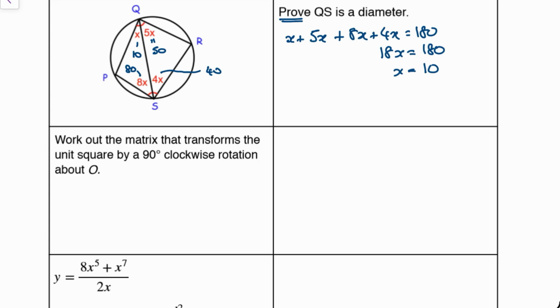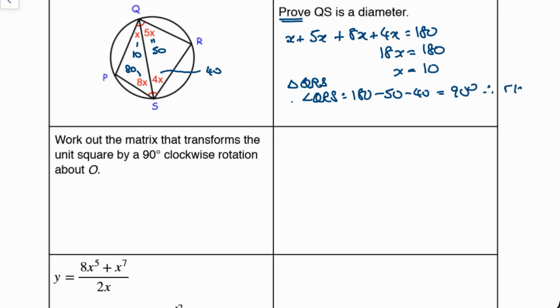Now I will say, in a real question, let the marks guide you here, because there's actually quite a lot to this question. I'm really skipping a lot of steps here. I'm talking to them rather than writing them, because what you would need to say is you'd need to talk about triangle QRS, and you need to explain the angle within triangle QRS, angle QRS is equal to 180 minus 50 minus 40, which is equal to 90, therefore right angle triangle.